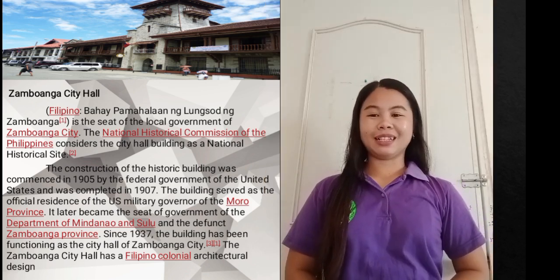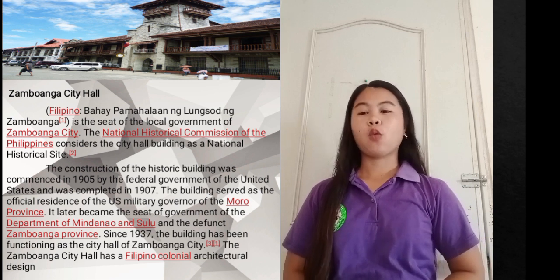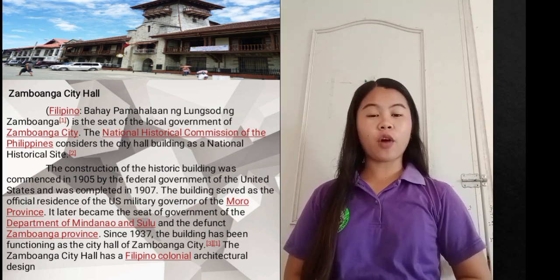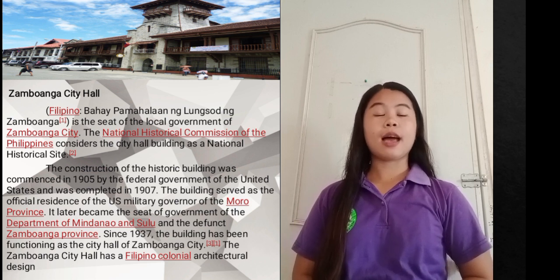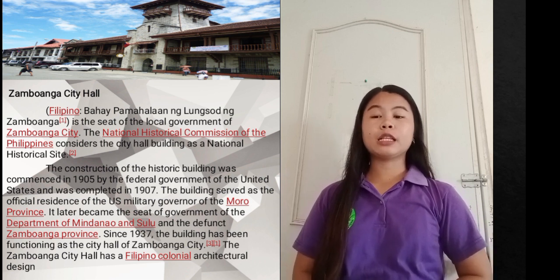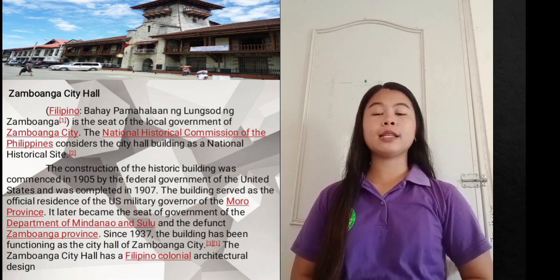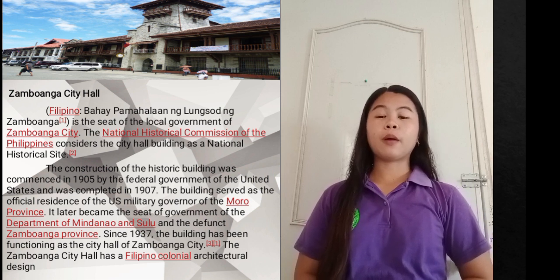Zamboanga City Hall. The construction of the historic building was commenced in 1905 by the federal government of the United States and was completed in 1907. The building served as the official residence of the U.S. military governor of Moro Province.